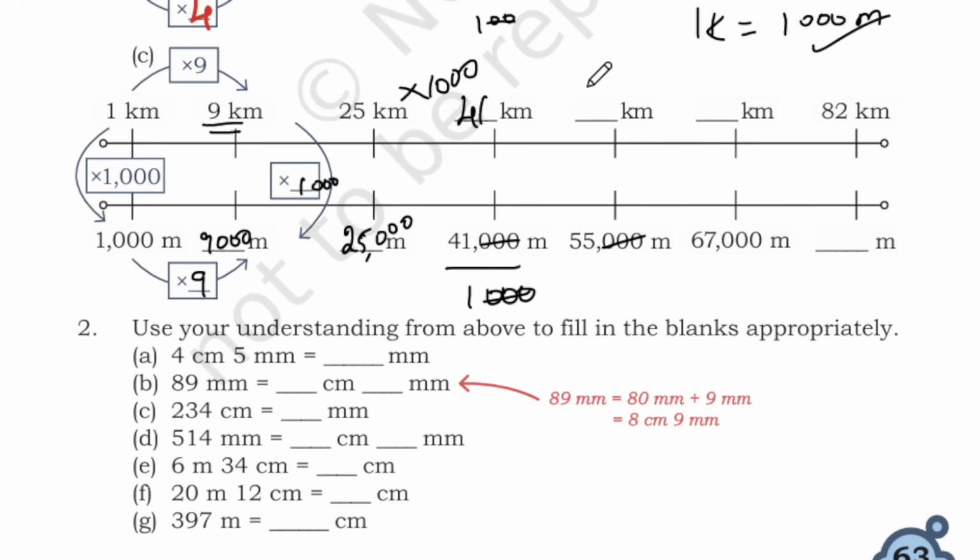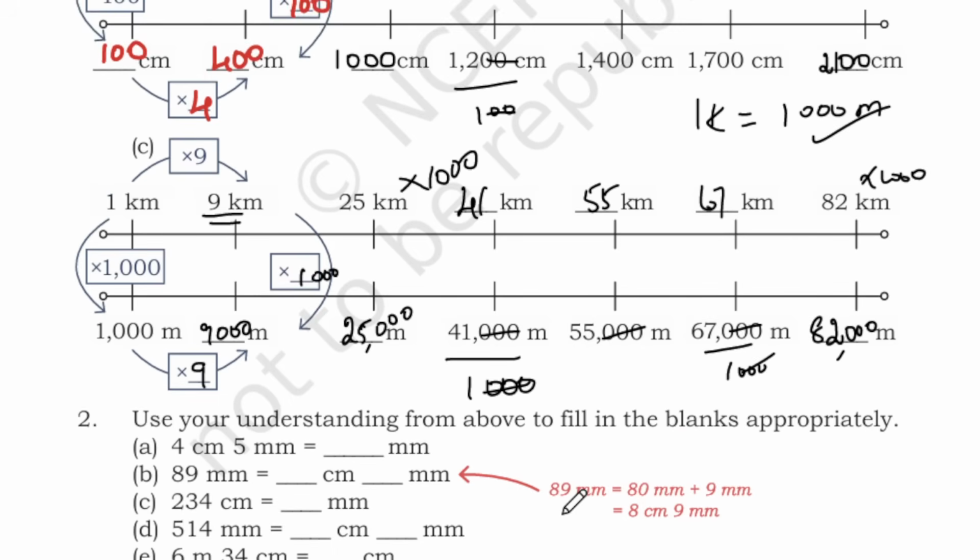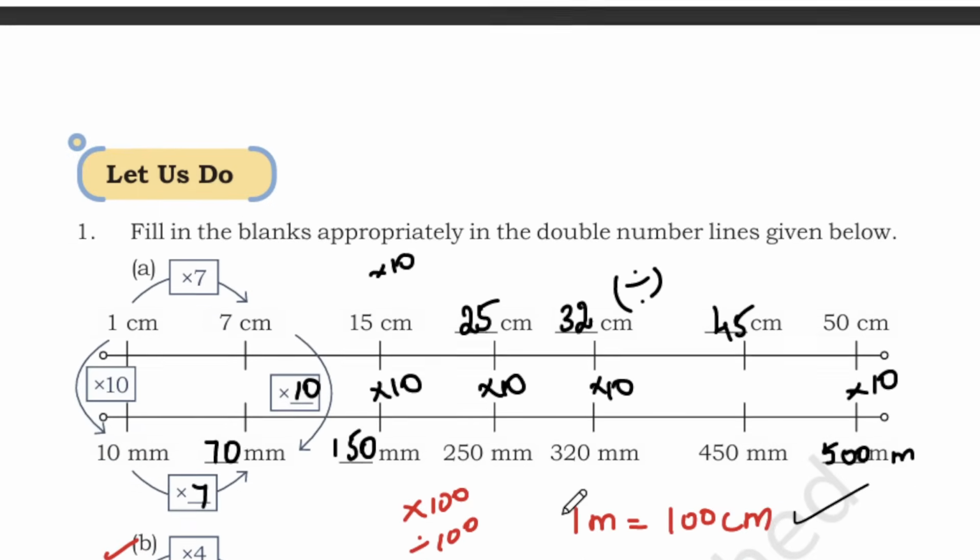And this one is 55 kilometers. Divide by 1000. Okay. Again divide by 1000. 67 kilometers. So kilometer to meter you have to multiply by 1000. So this is 82,000 meter. Okay, very easy and very simple as well. Don't get confused, all right.